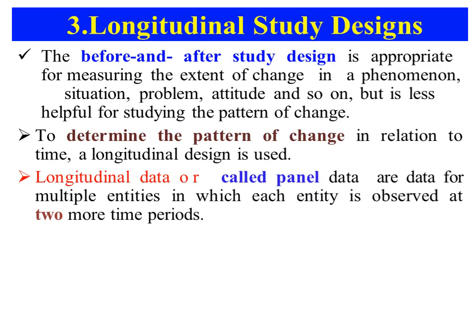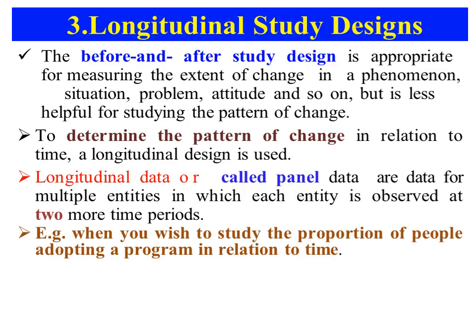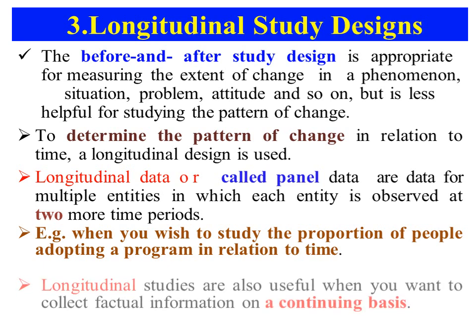Longitudinal design, or longitudinal data, also called panel data, are data for multiple entities in which each entity is observed at two or more time periods. For example, when you wish to study the proportion of people adopting a program in relation to time.